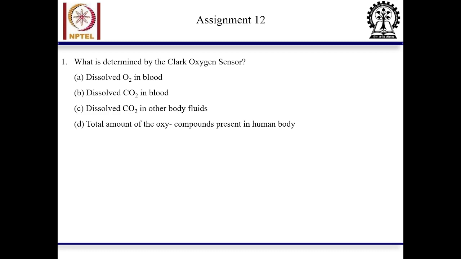Anyone can write in the chat box what the probable answer is for this question, then I will go into detail about the Clark oxygen sensor. Can anyone just write in the chat box the answer for question number 1?